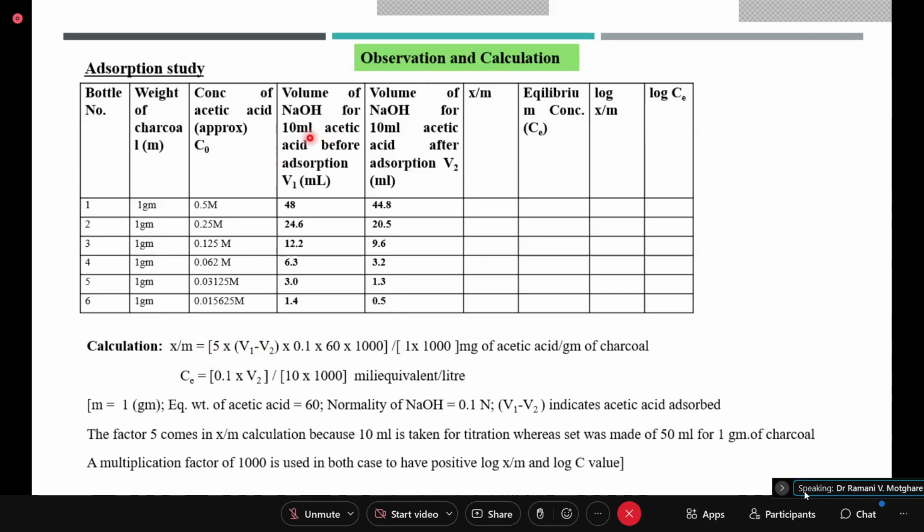Now here for ease of titration, 10 ml is used, but actually 1 gram charcoal is present in 50 ml of acetic acid of each concentration. So whatever be the concentration, we write here, this is V1 for 10 ml, this is V2 for 10 ml after adsorption. So this is before adsorption, this is after adsorption.